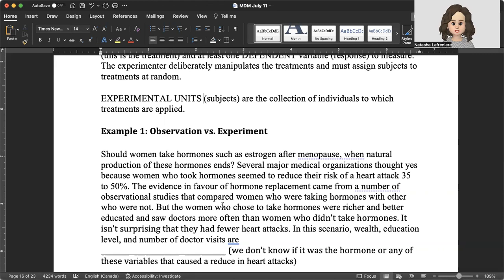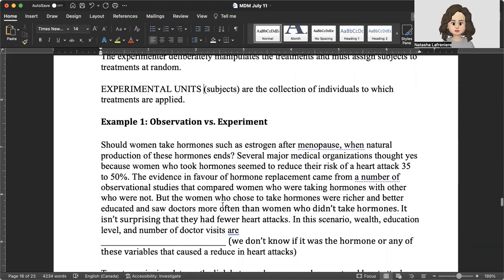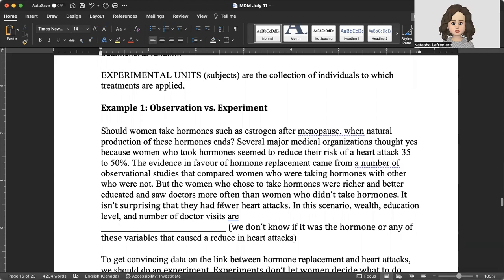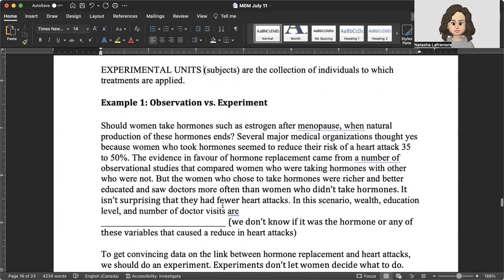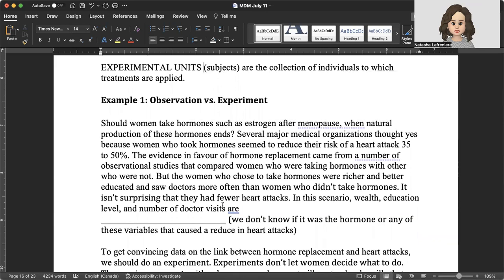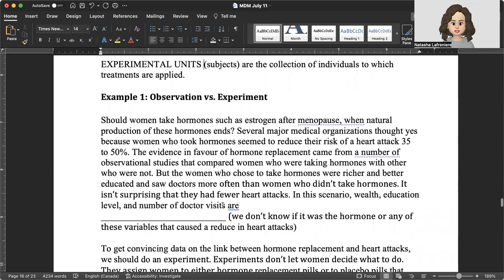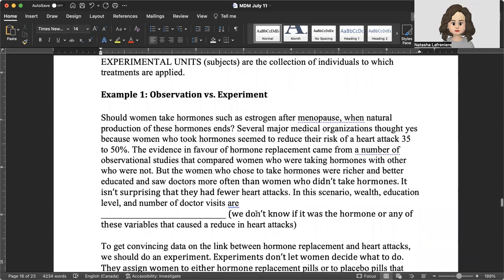The evidence in favor of hormone replacement came from a number of observational studies that compared women who were taking hormones with others who were not. But the women who chose to take hormones were richer and better educated and saw doctors more often than women who didn't take hormones. It isn't surprising that they had fewer heart attacks.